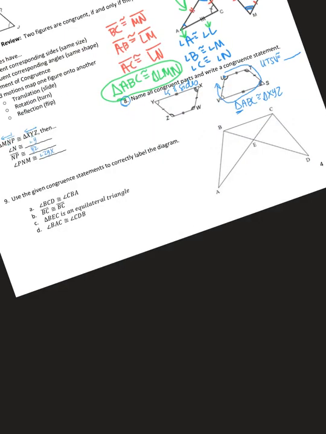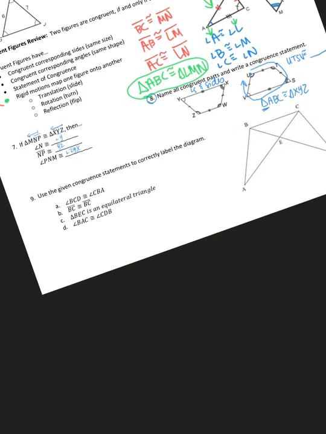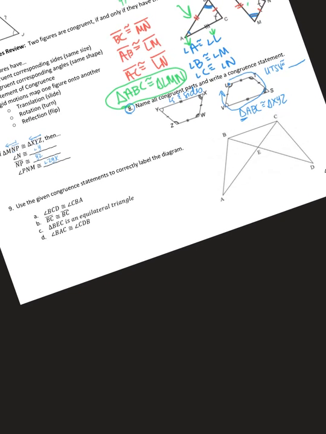Okay, the last example we have here is number 9, and it says use the given congruence statements to correctly label the diagram. So the first one says that angle BCD, so this whole angle here, is going to be congruent to angle CBA, so this whole angle here. Okay, the second one is a little bit unusual.